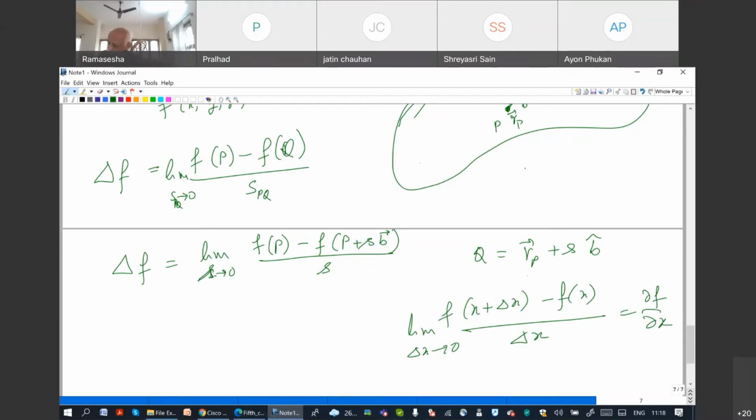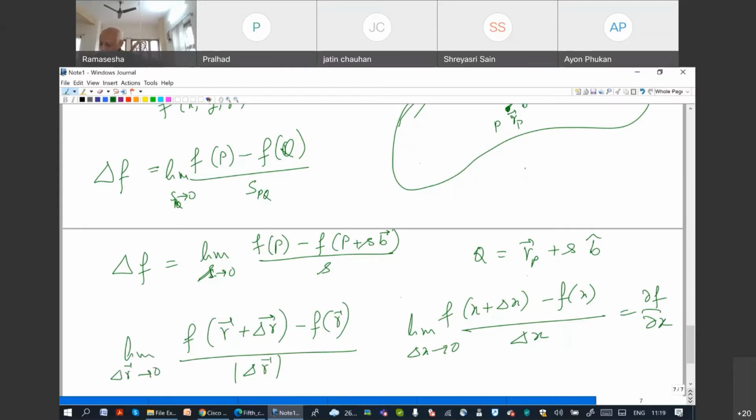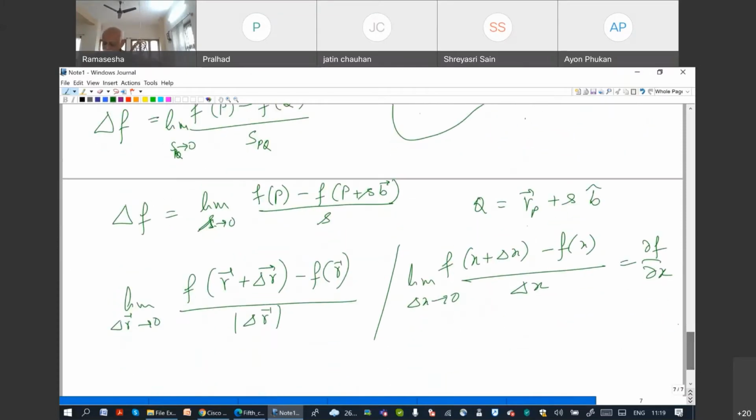Yes, sir. So supposing I want to change along any direction, then what I'm going to do is F of R plus delta R minus F of R divided by delta R, limit delta R tending to 0. Correct? Yes, sir. So this should be the differential, right?